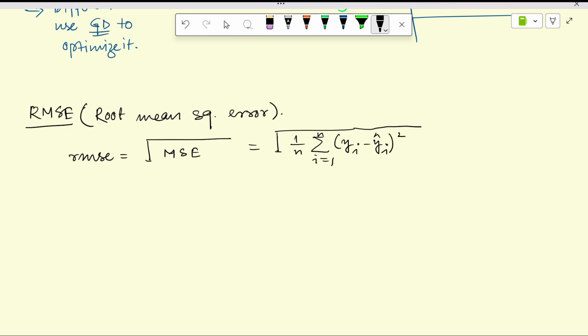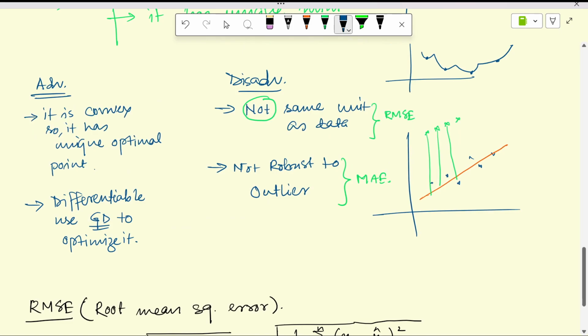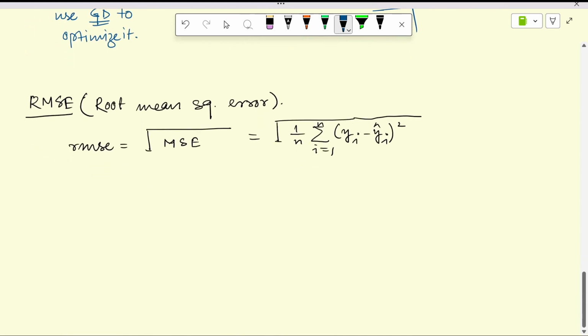So what is the advantage of this RMSE? As I discussed, to make the same unit, we generally use RMSE. As you see here, the unit is squared for MSE. So when we take the root, the unit becomes the same as the data points. So some advantages: the first point is the same unit as the data.